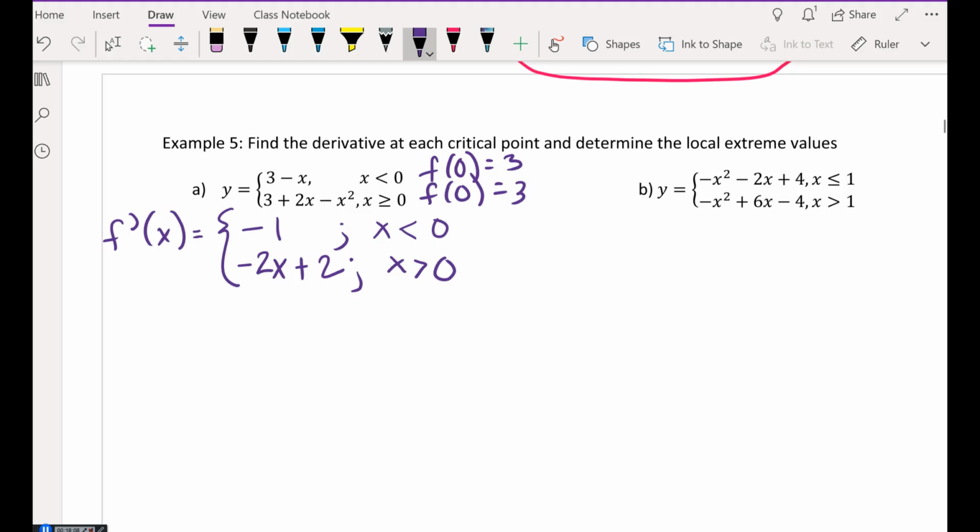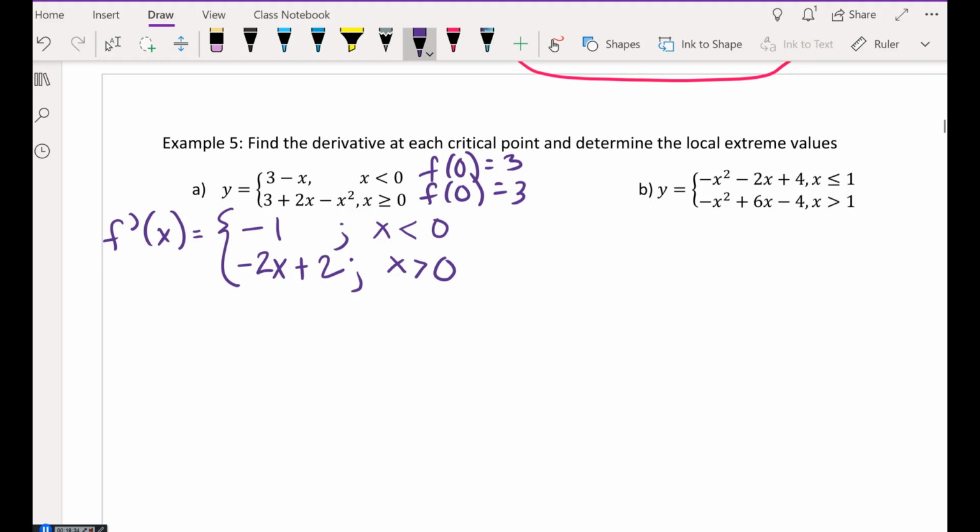Yes. It's continuous. But what's happening to the slope coming towards 0 from the left? It's -1. The slope is flat, it's constant. The slope coming towards 0 from the right is not flat, or in this case, not -1. Does that make sense? So the slope here is -1, the slope over here varies.